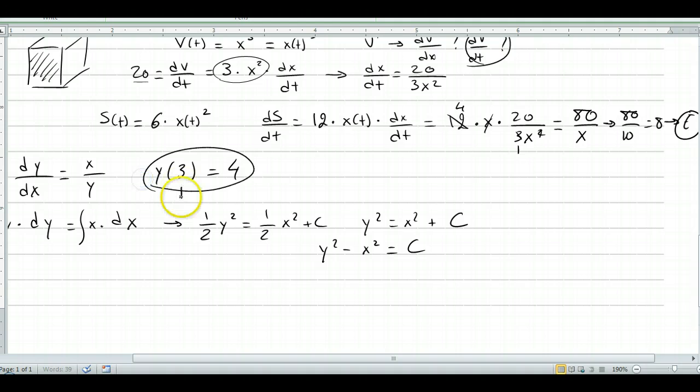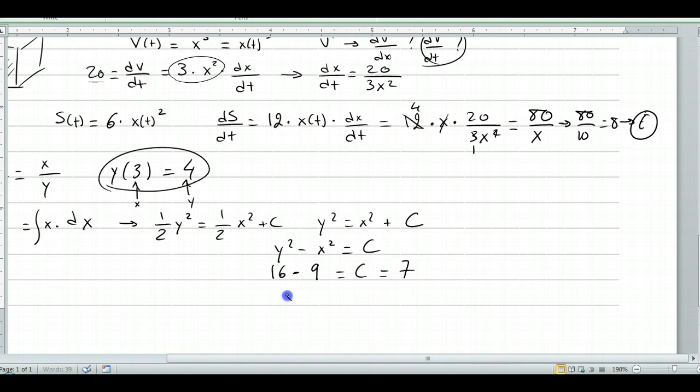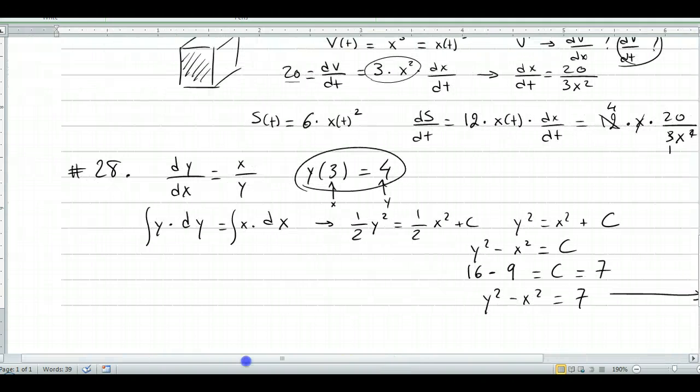Initial condition, of course, this is the x and that's the y, right? So if y is 4, we get 16 minus 9 equals c, so c is 7, and the equation is just y squared minus x squared equals 7, and that's A, right? It's x squared minus y squared equals -7. That's A. They multiply both sides by -1. Okay, we're done with part A.